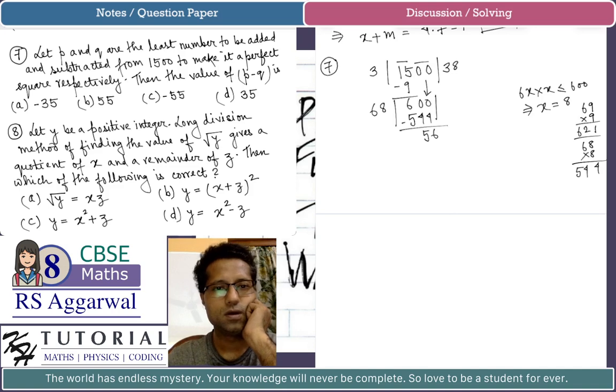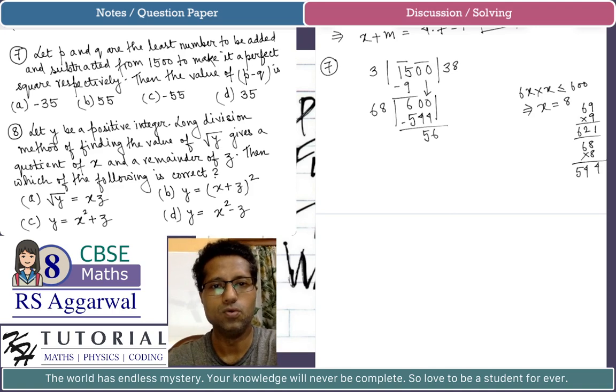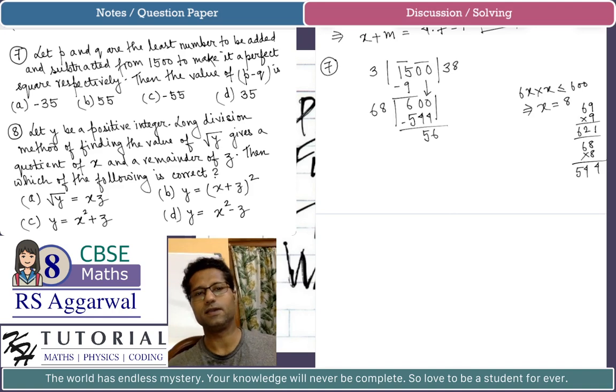Okay. Now, how do we find the least number that must be subtracted from 1500 to make it a perfect square? It is given in the problem that P and Q are the least numbers to be added and subtracted from 1500 to make it a perfect square.